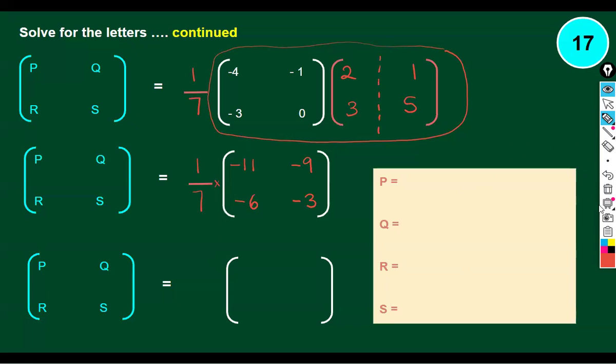Dividing everybody by 7, because the 7 is underneath. So divide everyone by 7, and you can round off your answer to 2 decimal places. You will get 4 answers. No coincidence, you have 4 letters on this side. This answer will be P, this will be Q, this will be R, and this will be S. And that will be the end of the question.